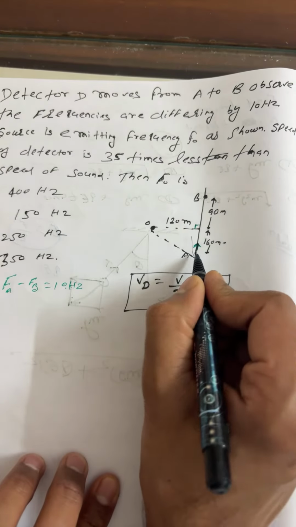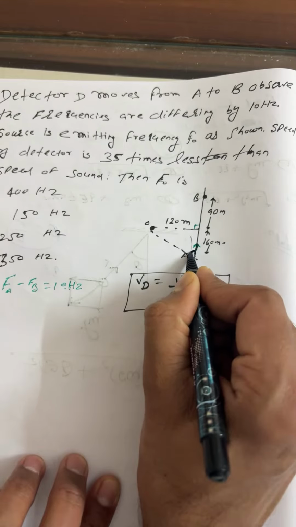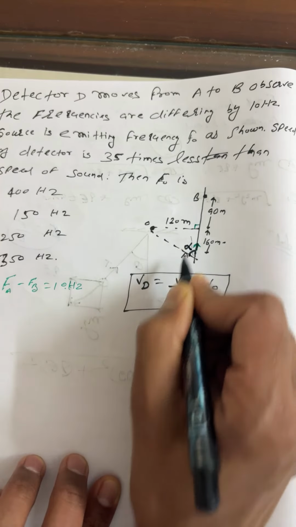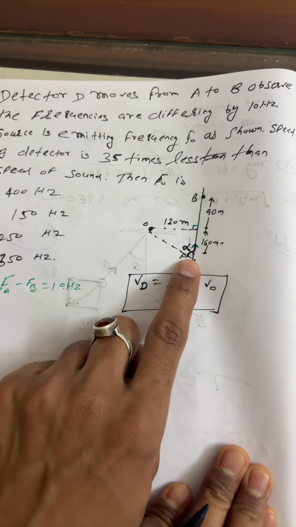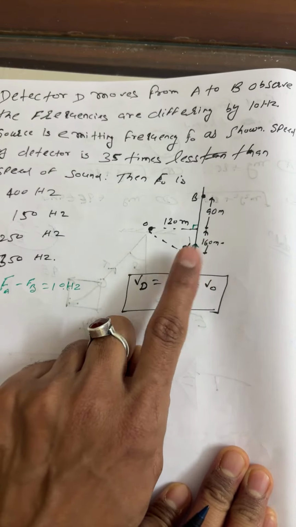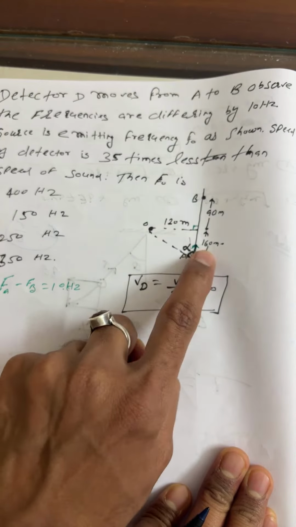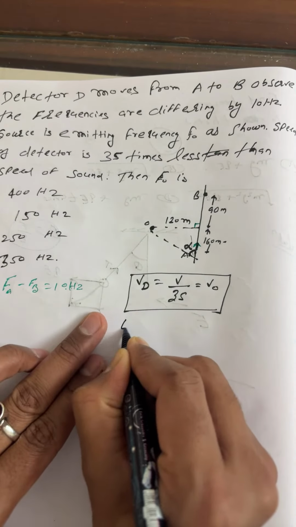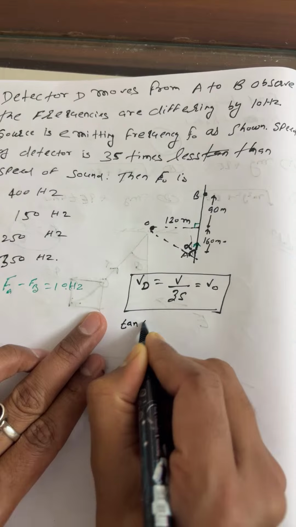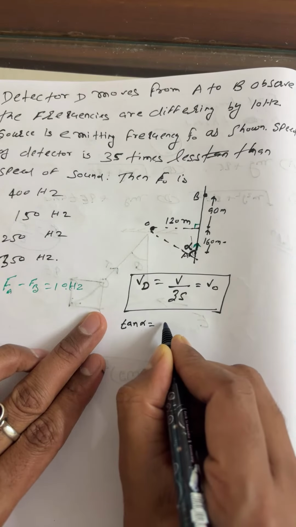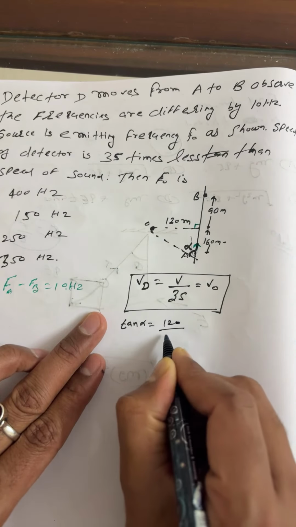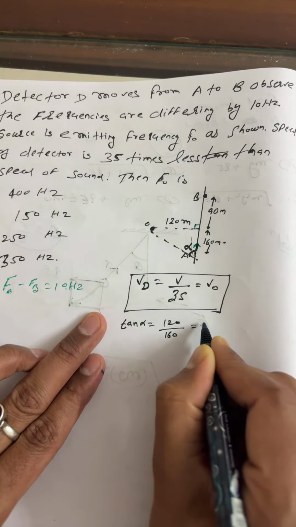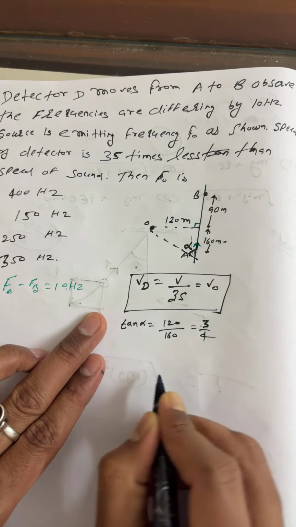Let us suppose this angle is alpha. Tan alpha is perpendicular upon base. From the diagram, tan alpha is 120 by 160, which is 3 by 4.